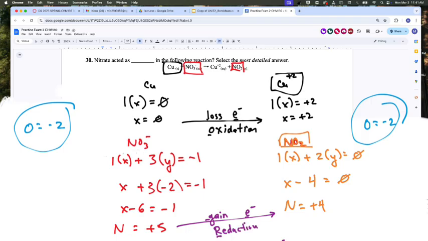So by slowing down and looking at what's happening to those numbers, hopefully we don't make the mistake that they're both doing the same thing. We can look at the oxidation: our oxidation number is getting more positive. We look at the reduction: our reduction number is getting less positive.